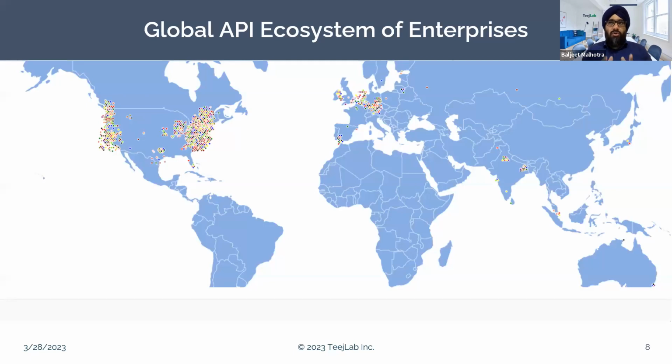I don't want you to look at these APIs only from an asset perspective, that these are my APIs, part of my product, also doing some integrations across my products and services. But I also want you to look at these APIs from a data sovereignty perspective as well. As I mentioned in the very beginning itself, these APIs are transacting data. So look at these APIs from a data perspective as well.